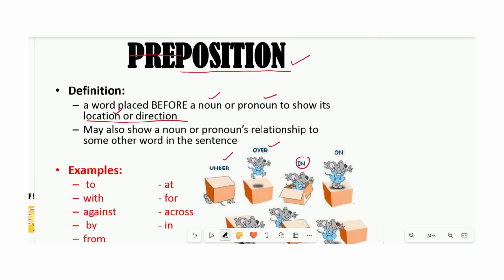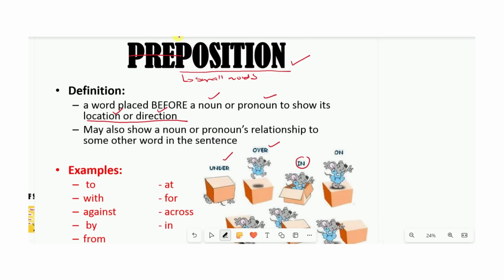So in essence, if you want to quickly remember the definition, I will say small words in a sentence. Small words, but what do they do? Mostly they indicate location or direction, or in some instances, they may show a noun or a pronoun's relationship to some other words in a sentence. Such as, my book is on the table.